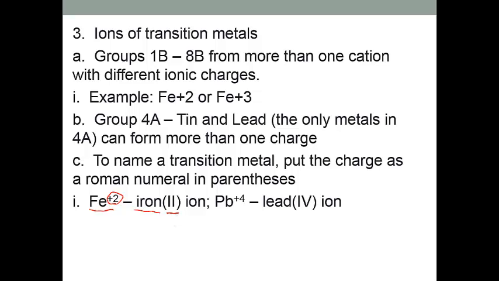So we put that as a Roman numeral 2 in parentheses, and then we have ion. So you can't just call it the iron ion. We have to put that Roman numeral in there.